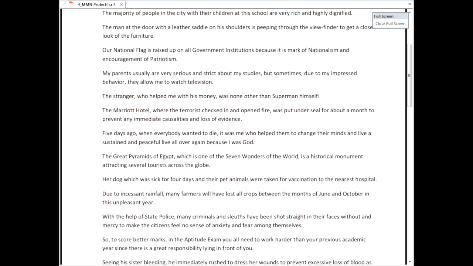So and what is it saying? Loss of evidence. Can I treat loss of evidence as one segment because it's an of binder segment? Yes. Noun of noun. Okay. तो ये ऐसा आया to verb noun with adjectives and noun of noun. That's the pattern. Okay. Got it? Yes. Okay. So let me read it for you. The Marriott Hotel, where the terrorists checked in and opened fire, was put under seal for about a month to prevent any immediate casualties and loss of evidence.